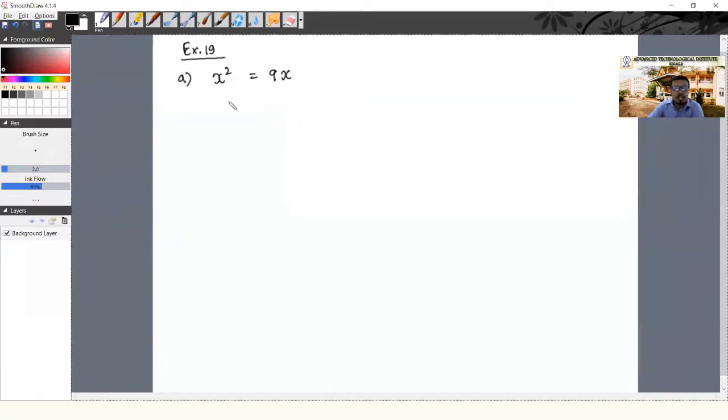So once we rearrange this into the standard form of a quadratic equation, how should it be? X squared minus 9x equals 0. Right.